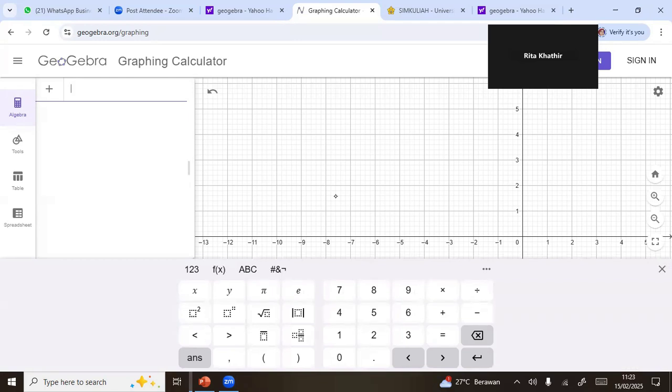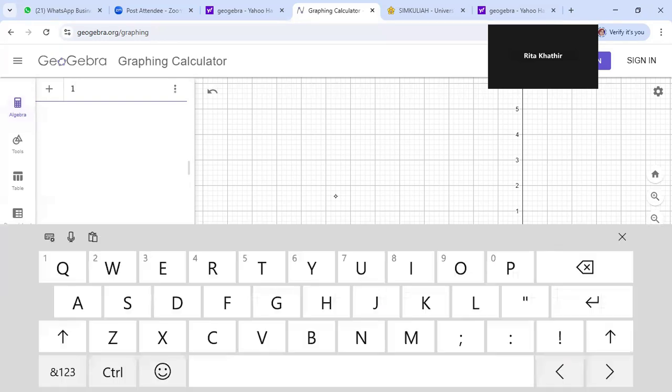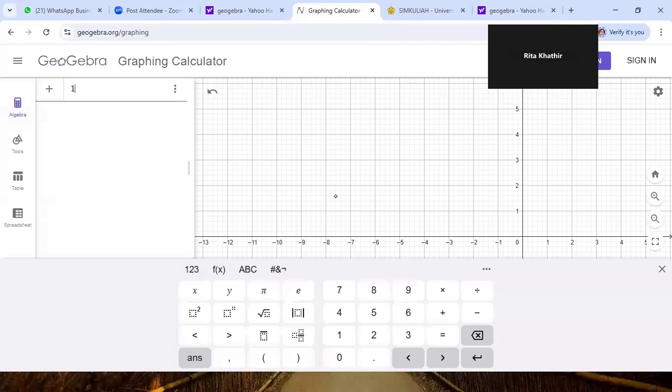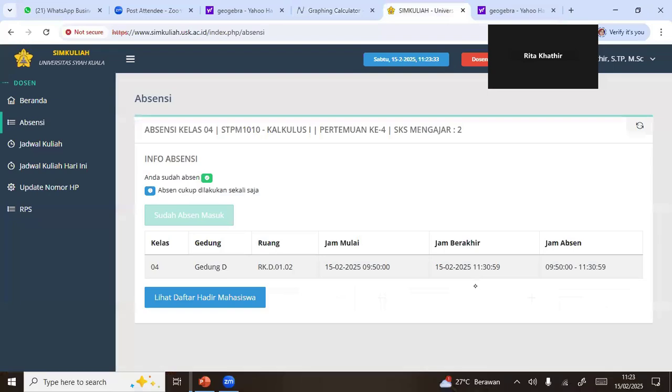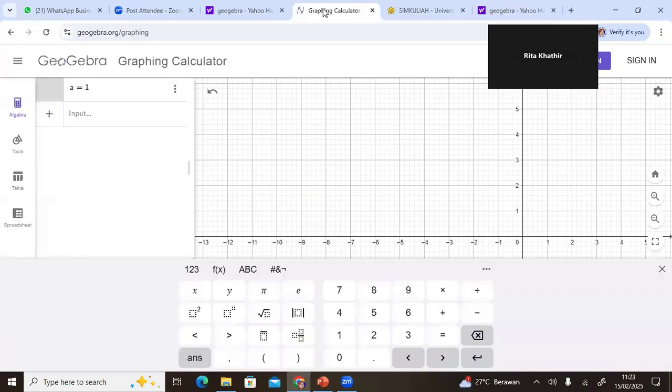For example, I want to put in a function. I hope it works now. Here, I will try again. Make the equation or expression.